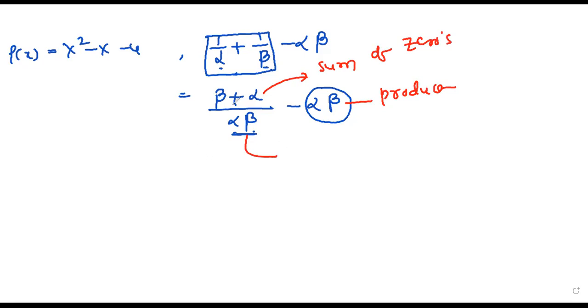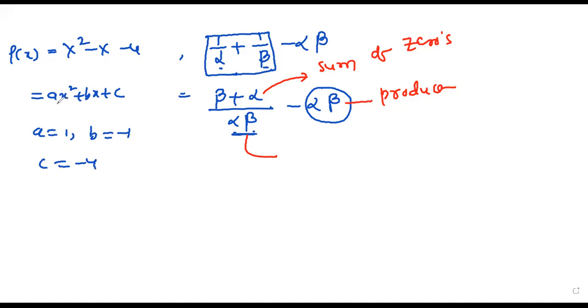Now how to find the product of zeros and the sum of the zeros? I said if you have any doubts in basics, go through the videos. I will give that in the end card. Here a is equal to 1, b is equal to minus 1. If you compare this equation with ax square plus bx plus c, then a is equal to 1, b equal to minus 1, c equal to minus 4.